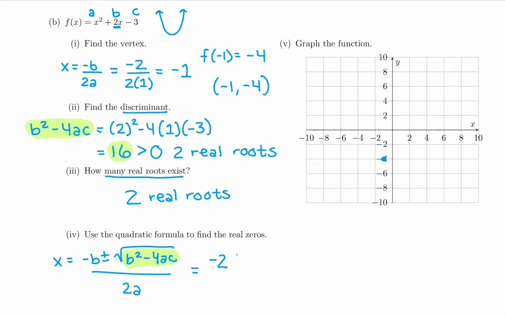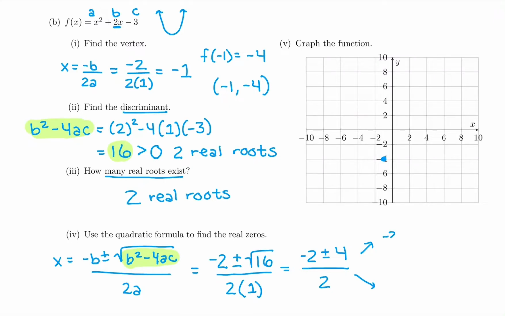So negative 2 plus or minus the square root of 16, we already calculated it, divided by 2 times a, which is 2. So we get negative 2 plus or minus the square root of 16, which is 4, all over 2.